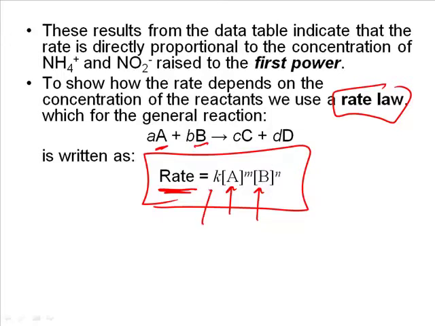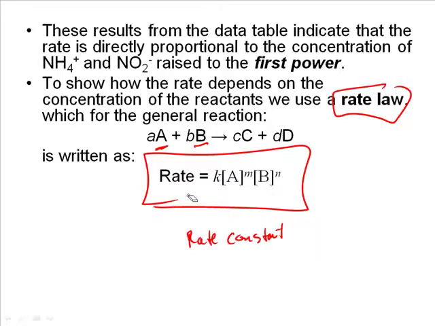K is called the rate constant. And this little m and the little n we'll talk about in just a second, but those are pretty easy to figure out. Now, what we find is that this little a here is the coefficient, and that little b is the coefficient. Notice that in no place in our overall equation down here do we have the little a or the little b.